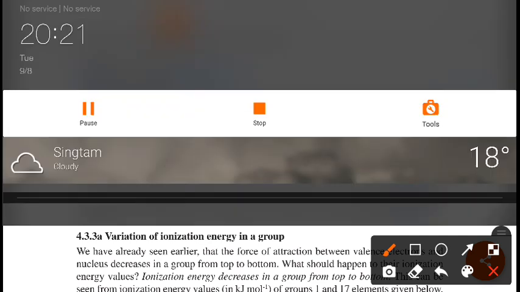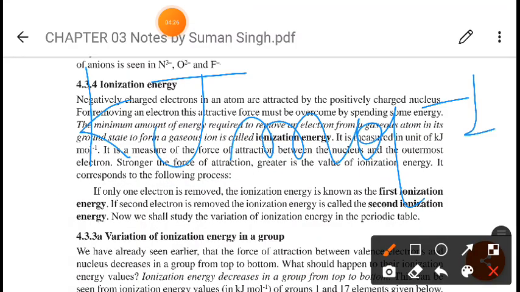Now at a certain voltage between the cathode and the anode, the gas gets ionized. The ionization of the gas is indicated by a sudden large increase in the flow of current through the gas.